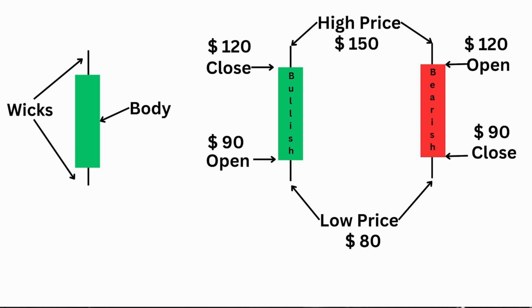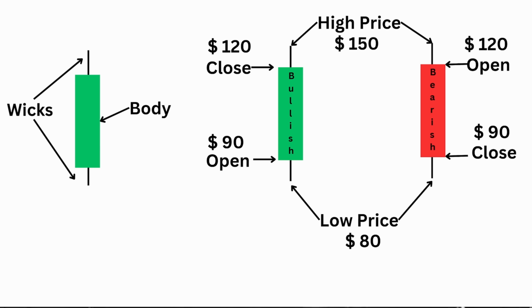So here I have added some price information so that you can conceptualize it. Let us say the bullish candle opened at $90 and closed at $120. The tip of this wick is 150, which was the high price for the day. And the tip of the wick here is $80, which was the low price for the day for this bullish candle for this stock.